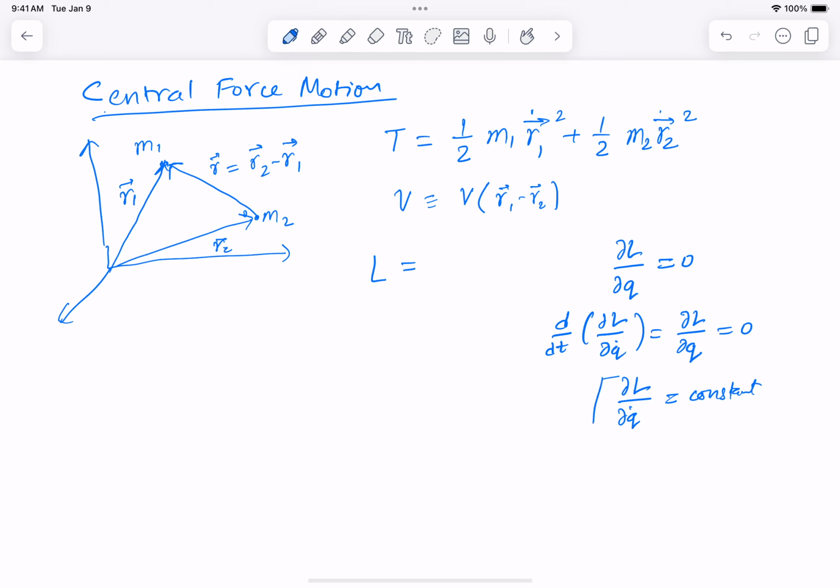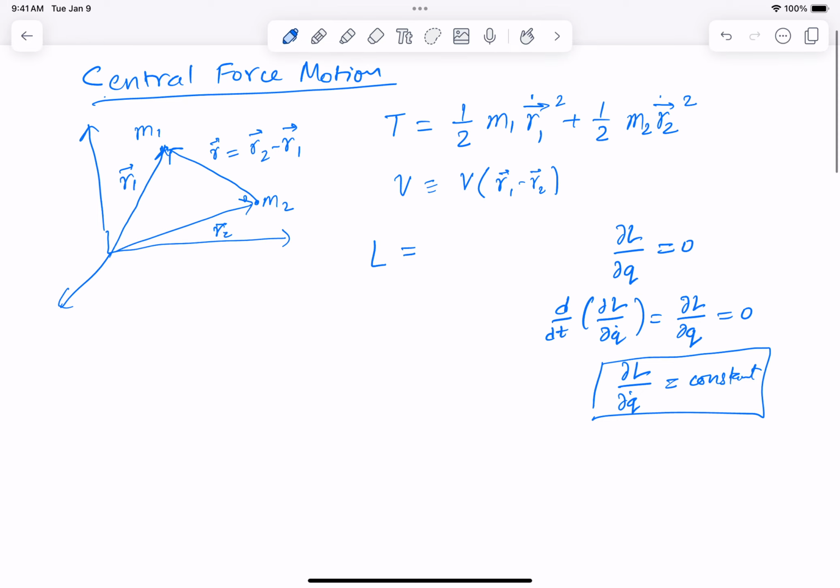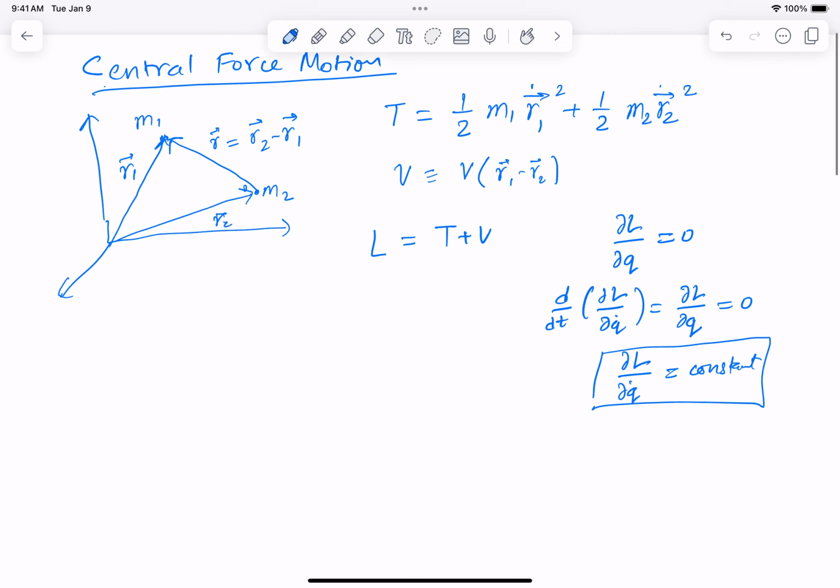Okay, and this is of course called a cyclic coordinate, and our goal is to first convert this kinetic energy, this potential energy, and this Lagrangian into a coordinate system where we can find more and more cyclic coordinates. So that's what we'll try to do, which will simplify this problem significantly.